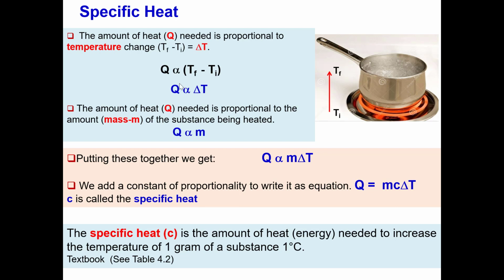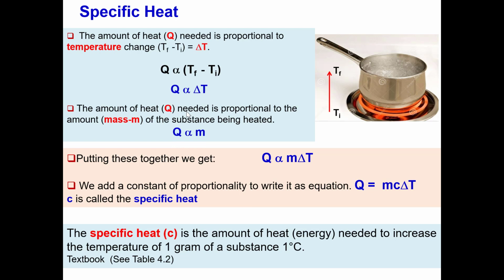This is why heat and the change in temperature are directly proportional: if the change in temperature increases, the heat also increases. Now let's see what happens with the mass. We already discussed that if we have more mass, we will have more heat.